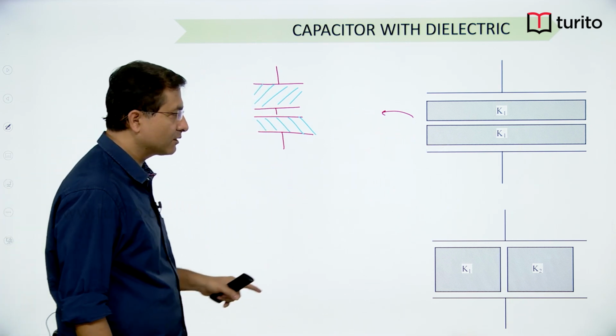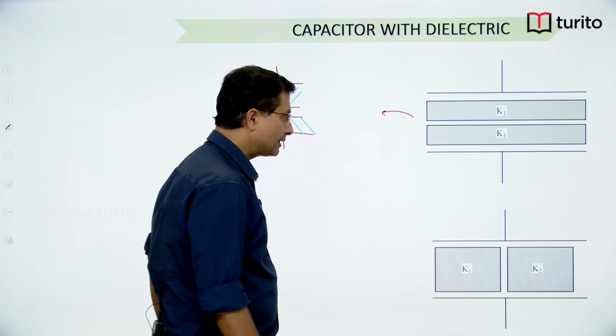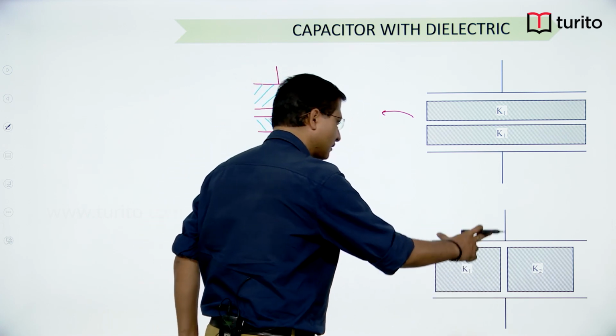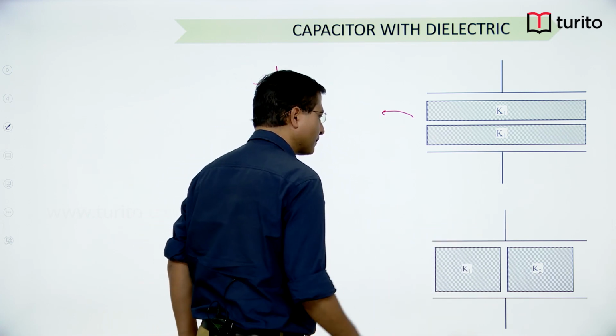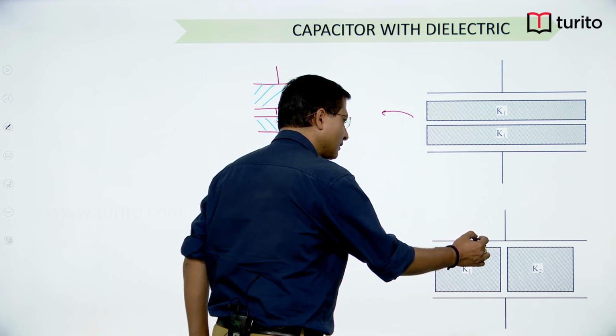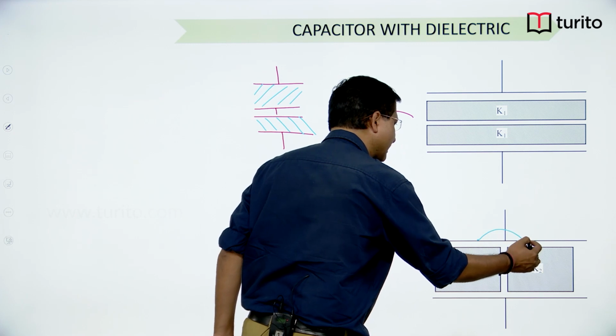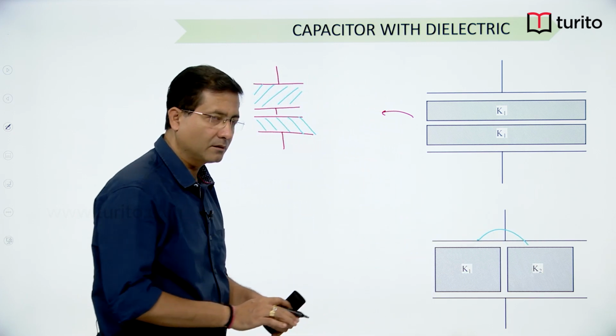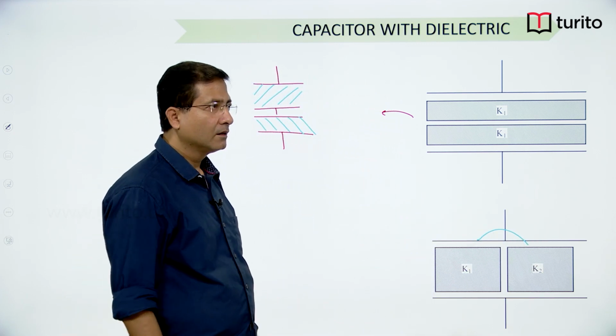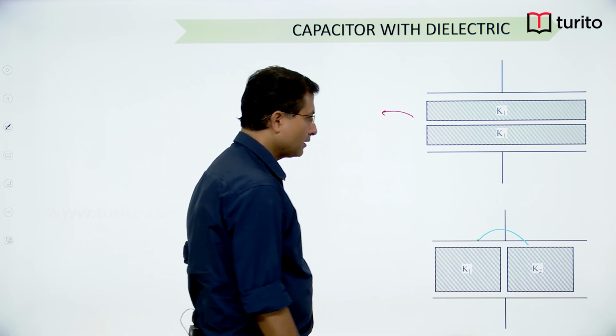While in the second situation, for this whole capacitor, the first terminal is connected to the first terminal of this capacitor. These two are connected, they are at the same potential, made by the same sheet, right.